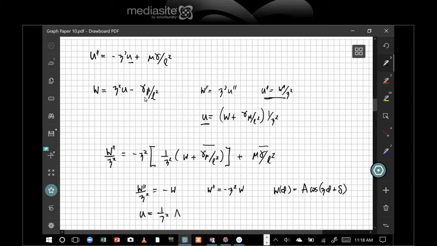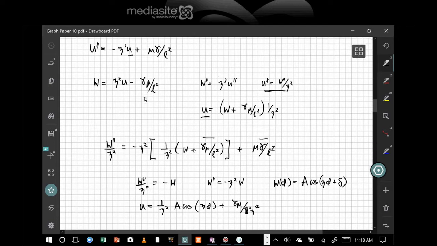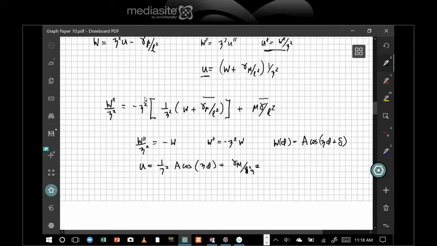So u is going to be equal to A cosine eta phi plus this constant here, gamma mu over L squared eta squared.